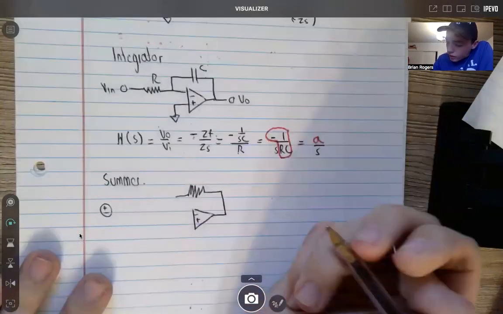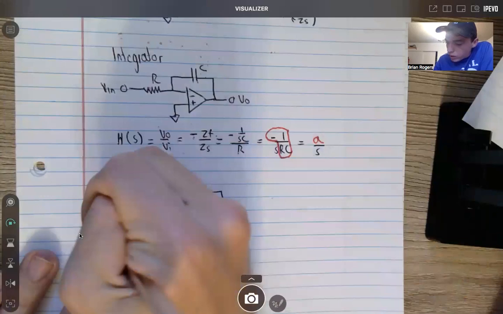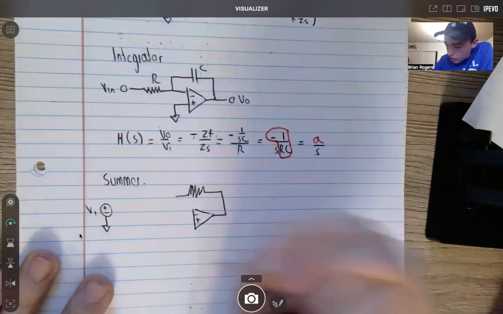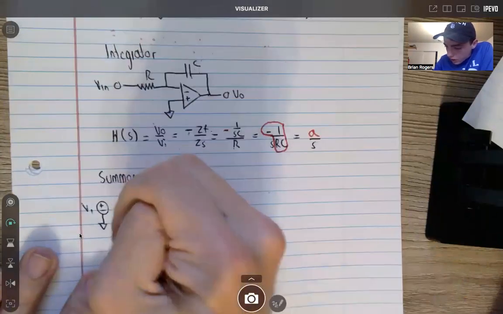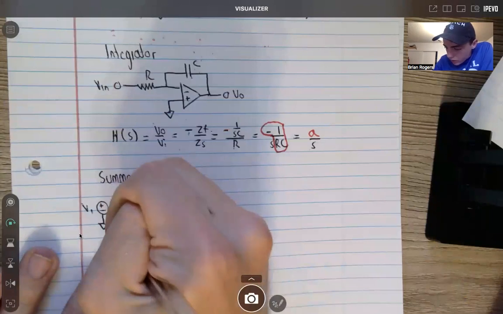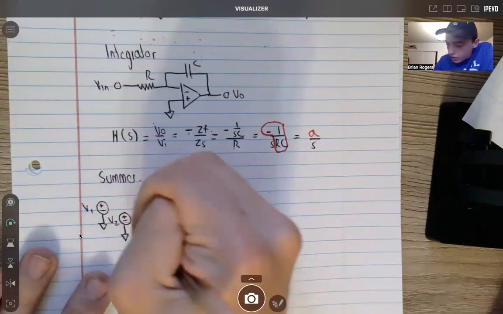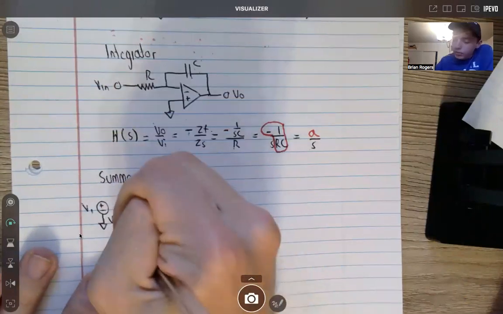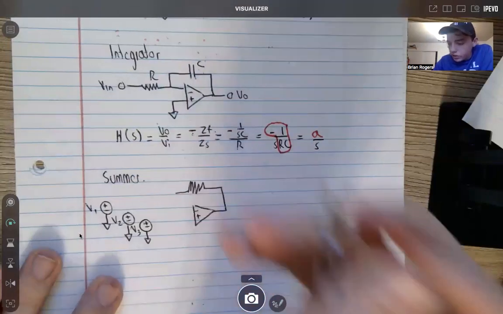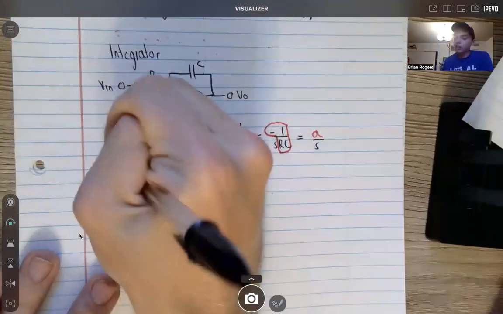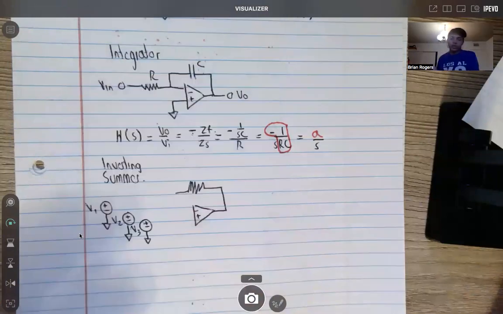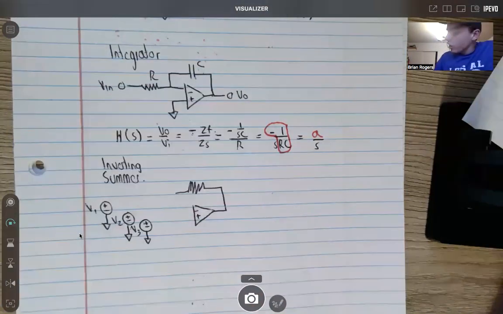But I like seeing it as V1, and then we could have V2, and then V3. And actually, I don't like his definition of just summer. I find it better to call it inverting summer, because it's going to invert all those input voltages. And you're going to see why.